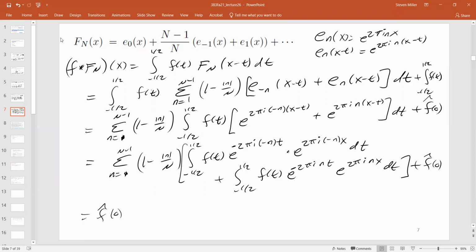So it's f hat of 0 plus a sum, n goes from 1 to N minus 1.